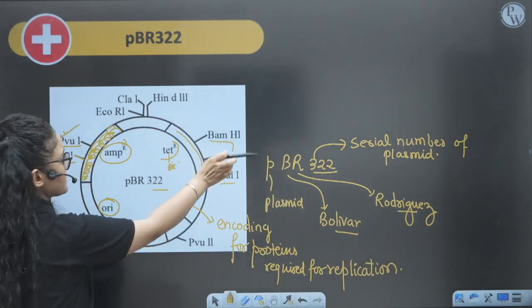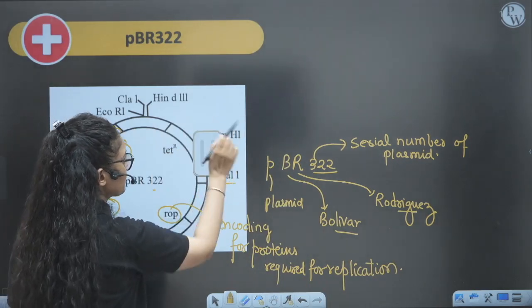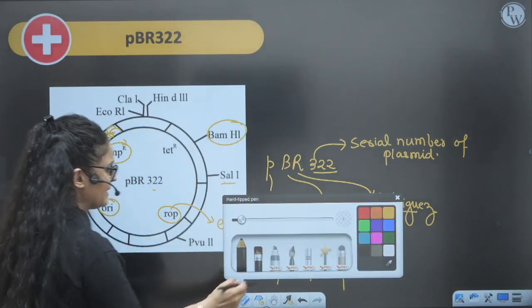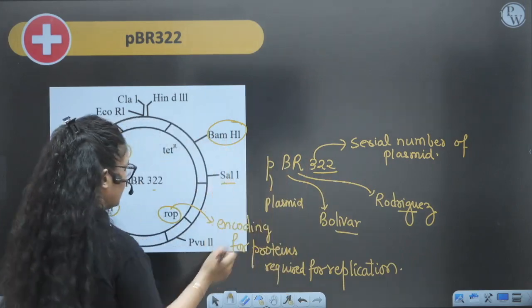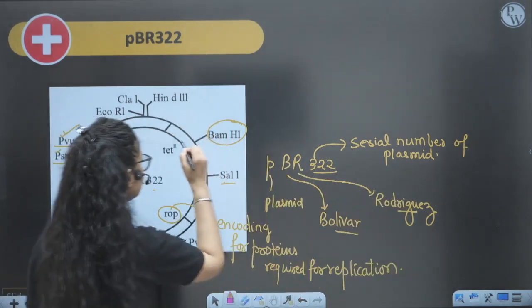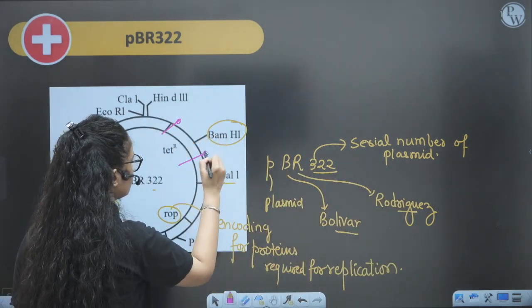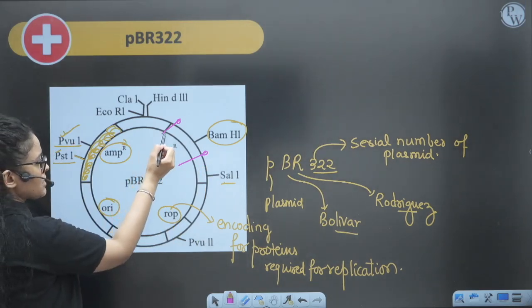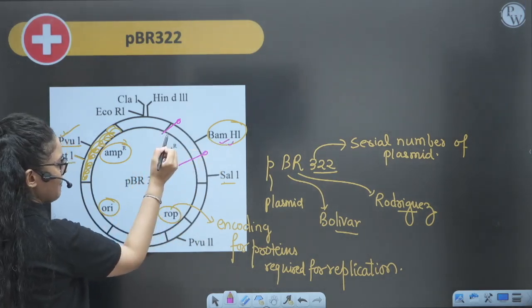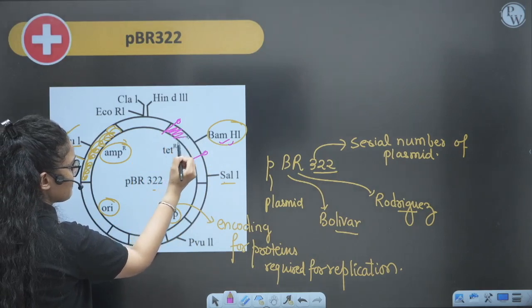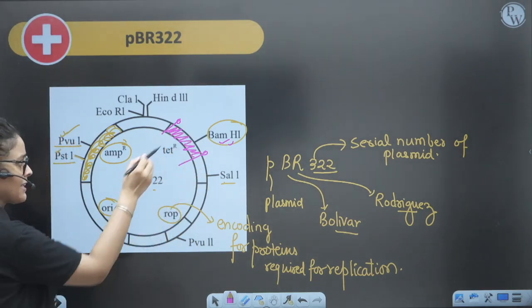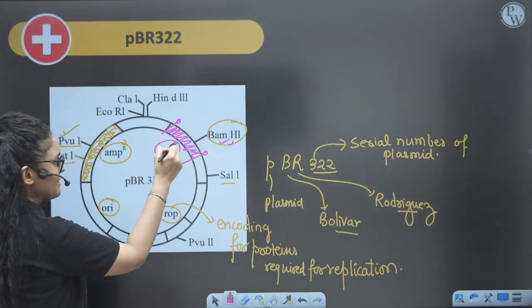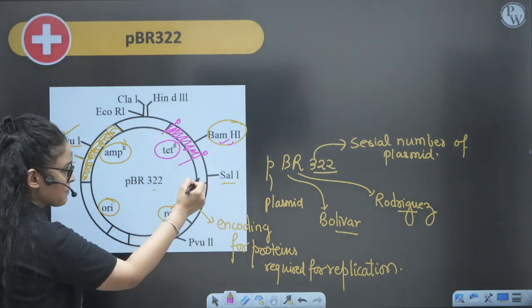Suppose I use the BamHI enzyme to cut the vector pBR322. I use BamHI to cut this part, where the BamHI site is. So the tetracycline resistance gene is interrupted here.